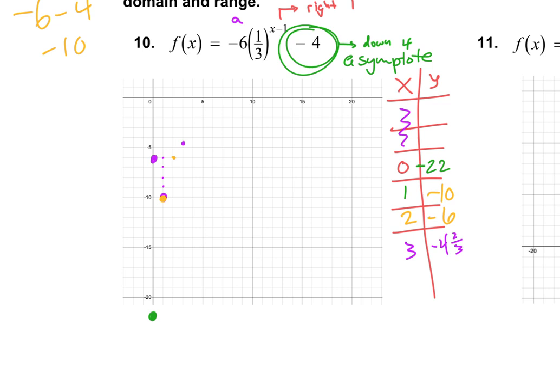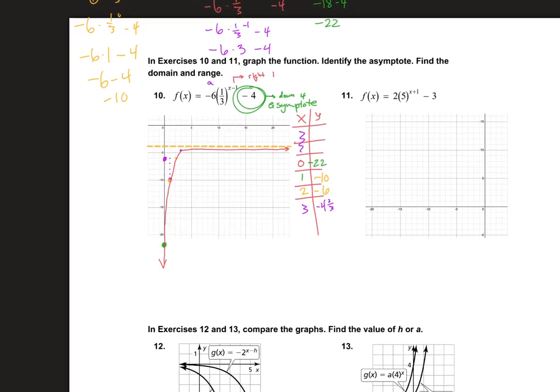Why don't I do a dashed line? Let's put that at -4. That's fun. So here we go. Let's graph this. It starts down here, it goes up, and it starts to really get flat. There's our graph. Okay?